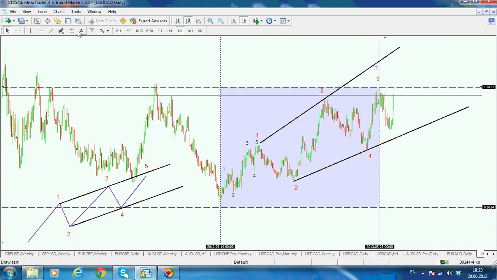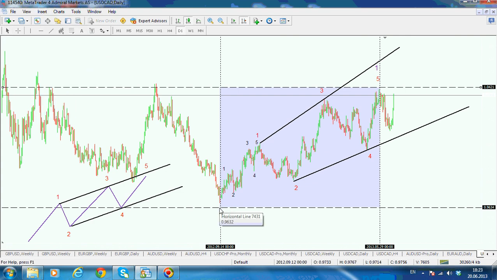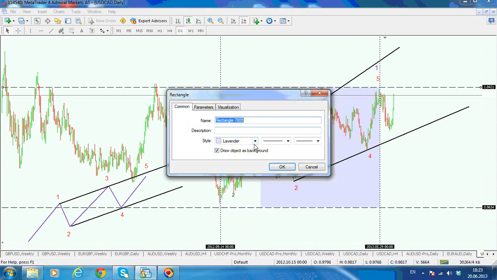And on the first wave here, like the rule says once again, the first wave of a leading diagonal must be an impulse or a leading diagonal of a smaller degree. So let's take another shape, a rectangle, from here to here. This is our first wave, let's change the color a little bit.